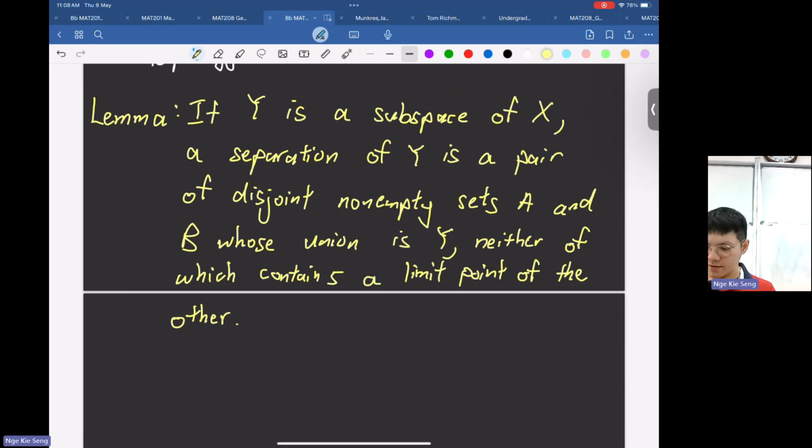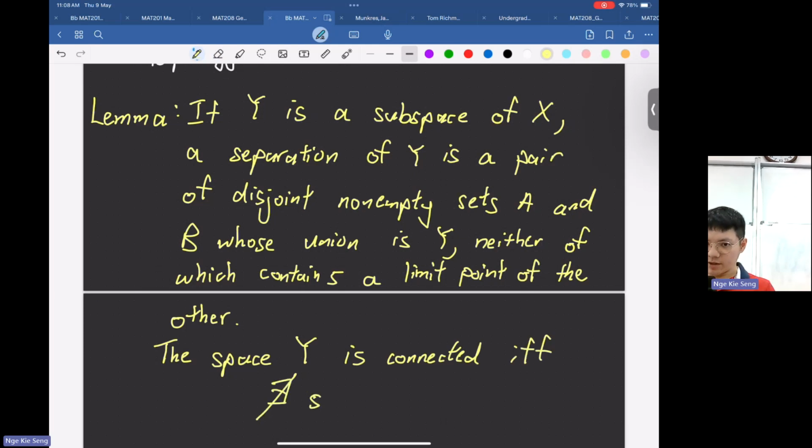And then we can prove that the space Y is connected if and only if there's no separation of Y.